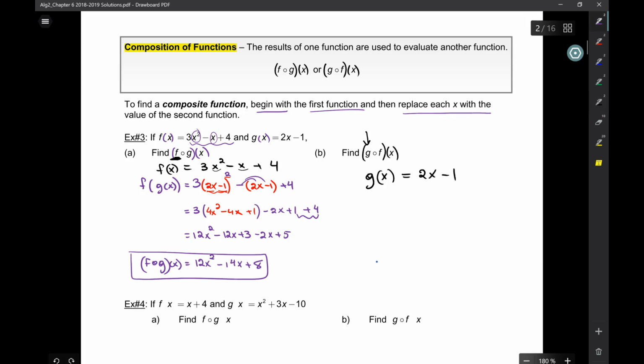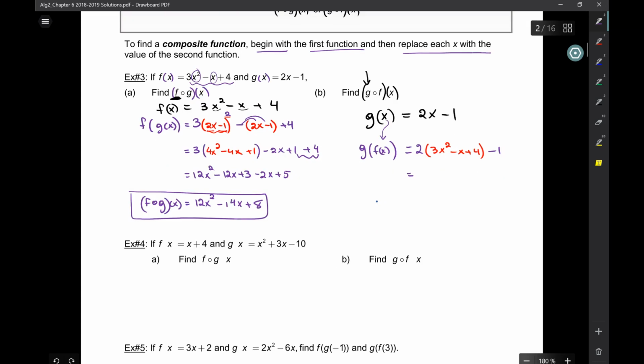What this is asking me to do is find g of f of x. So look, for all the x's in g, I'm going to put in f of x. So that's going to be 2 times 3x squared minus x plus 4 minus 1.